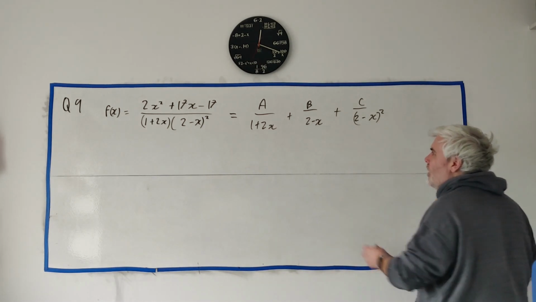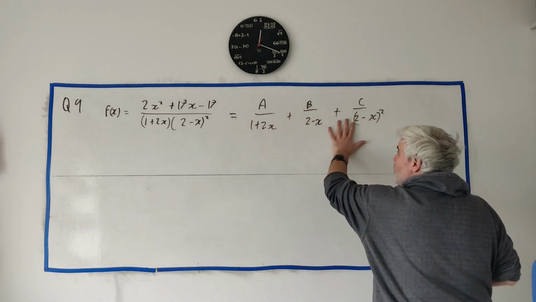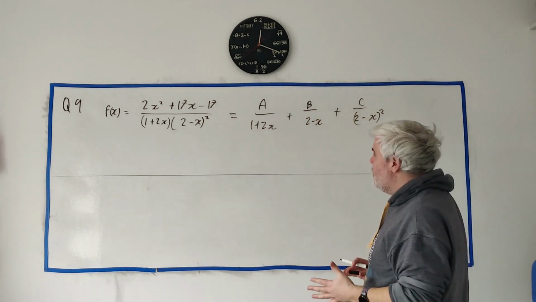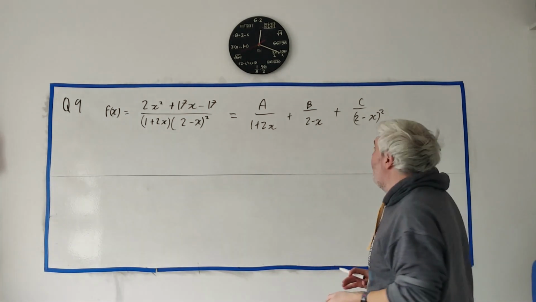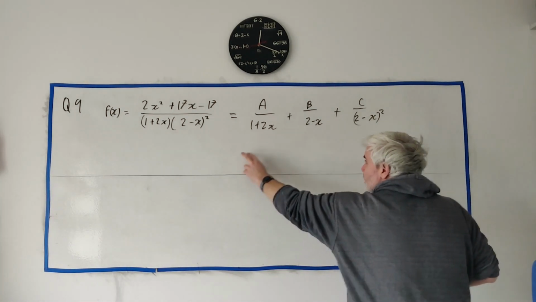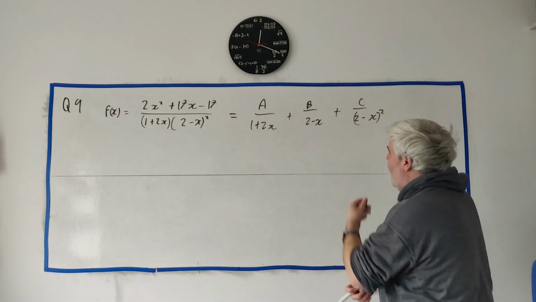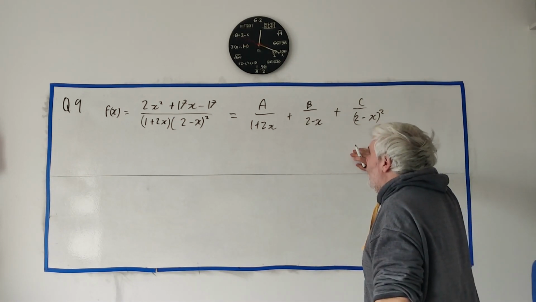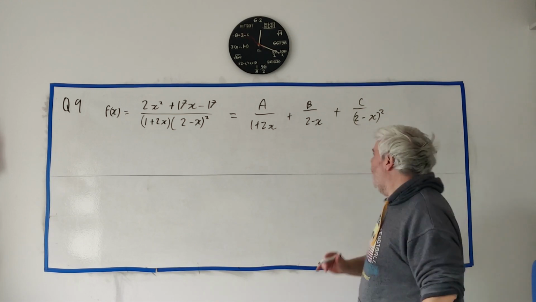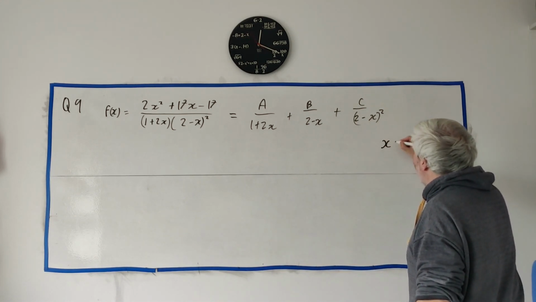What I tend to do is I just imagine I'm multiplying this out. So we know how to multiply fractions. We get a lowest common denominator, which in this case would be exactly what's here. And I cross multiply. It's a bit more complicated with 3, but I do most of that in my head. And what I do is I just find what will make an x squared.